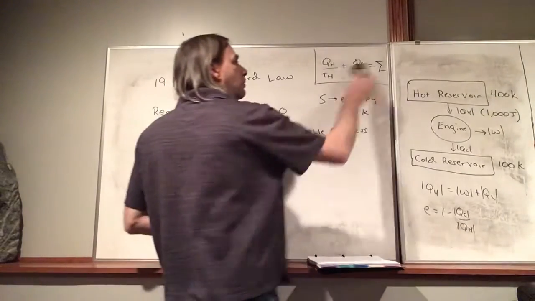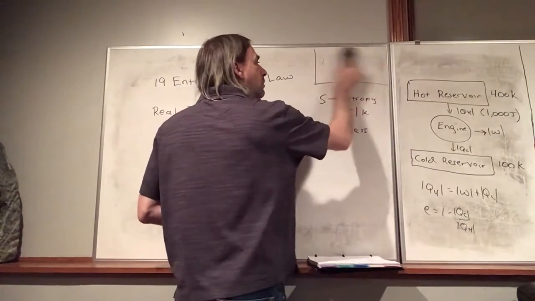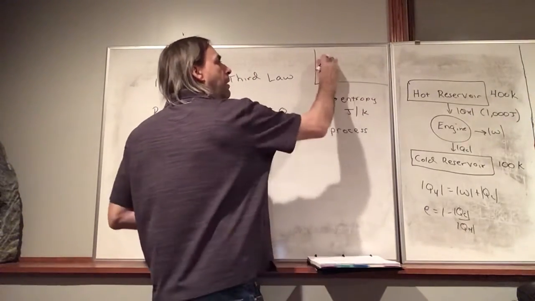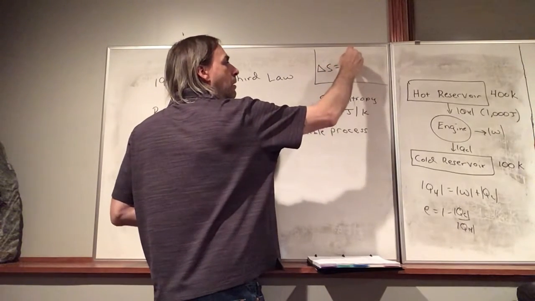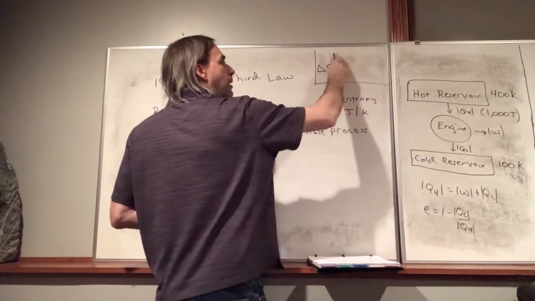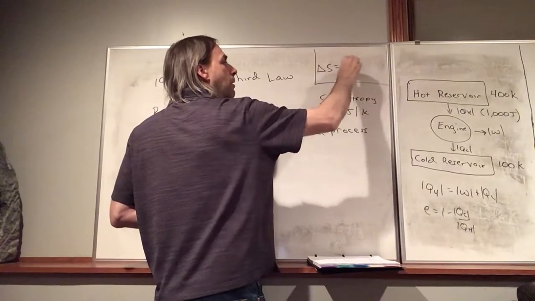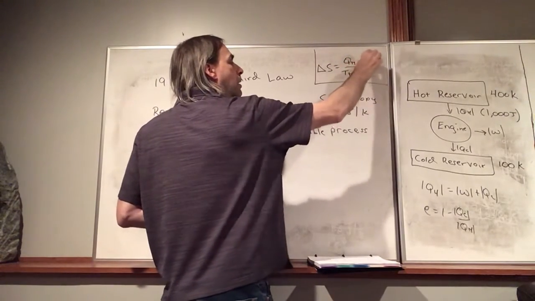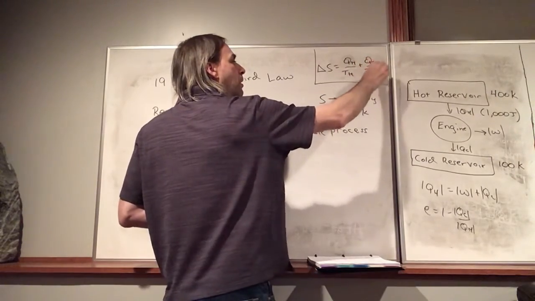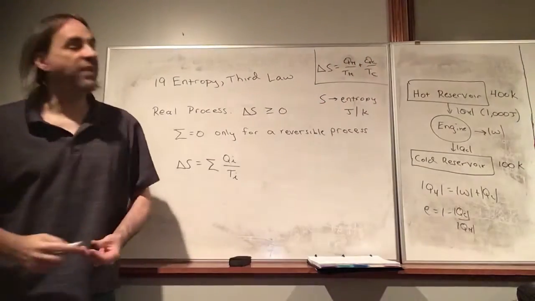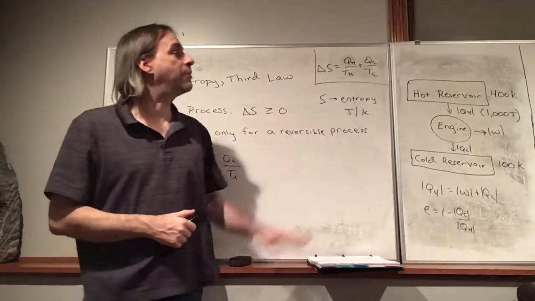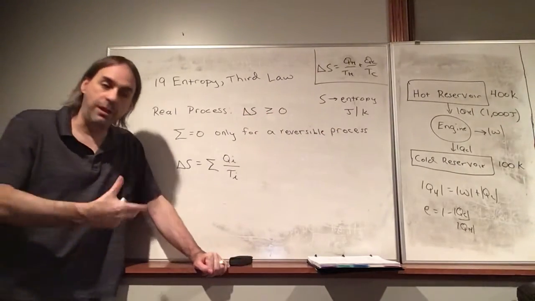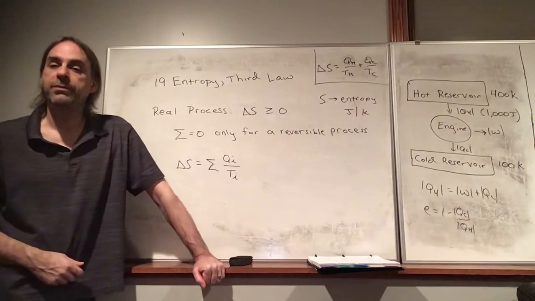So, let me redo that. So the change in entropy, so we had QH over TH plus QC over TC. So again, we're just defining the change in entropy this way. And actually, this is how entropy was first defined, by discussing changes in entropy.